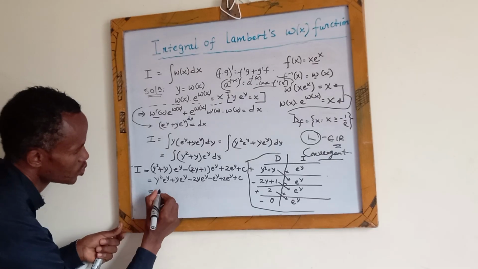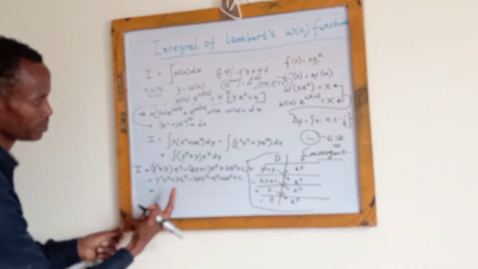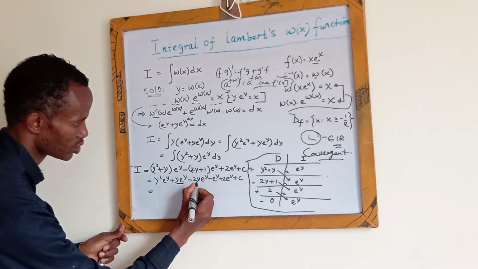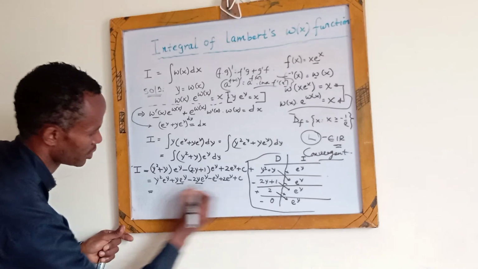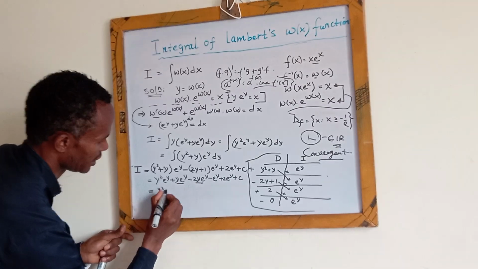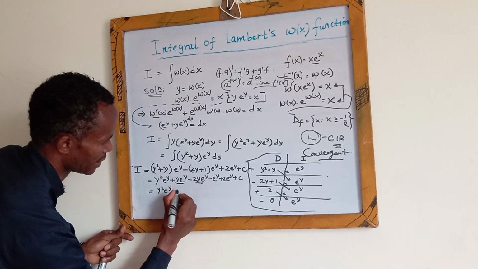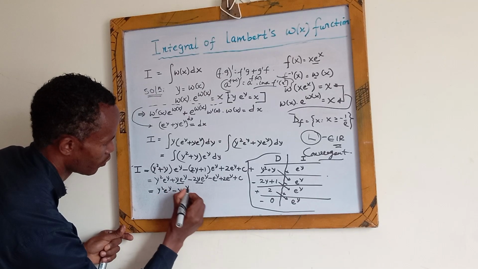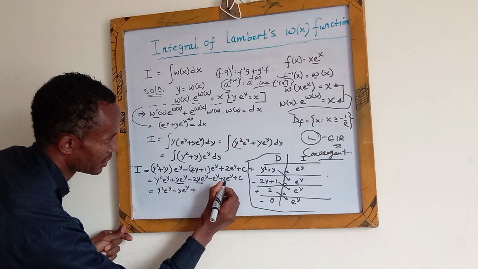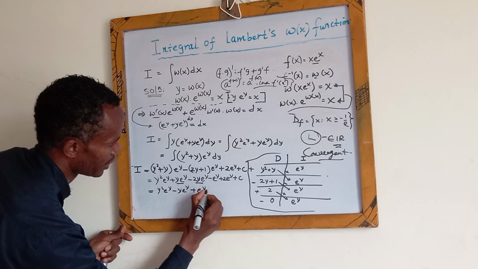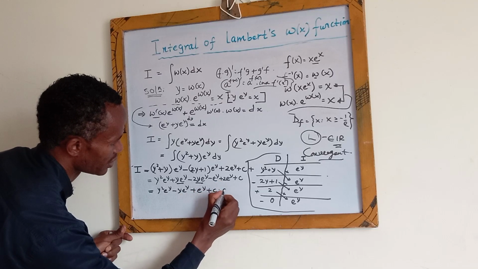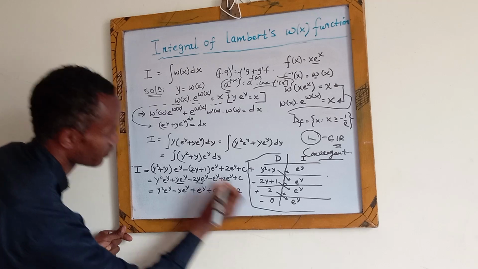When you calculate, similar terms are obtained, and this becomes y squared e^y minus y e^y plus e^y plus c, where c is an element of the set of real numbers.